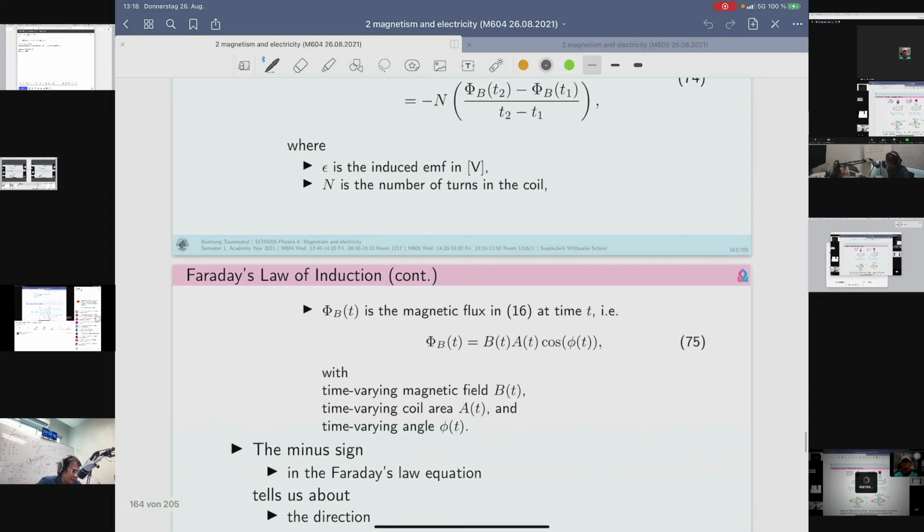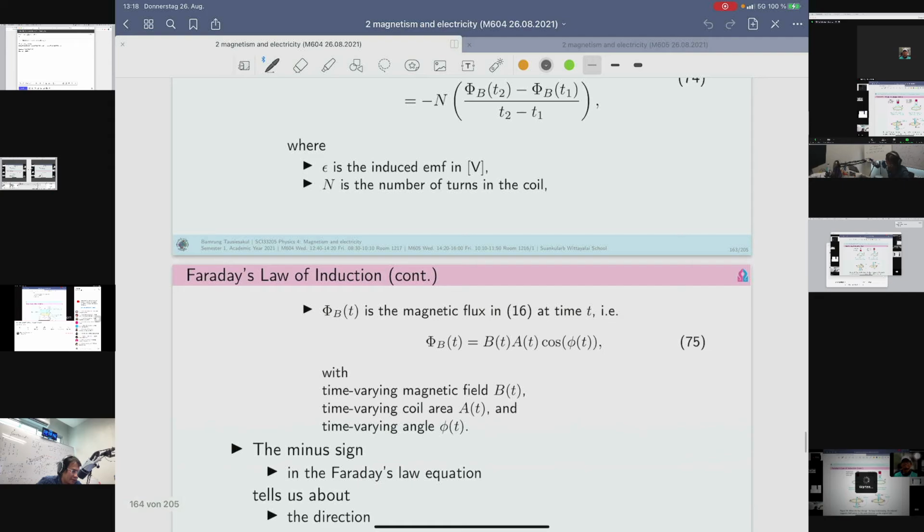We remove the negative sign, because it doesn't survive the absolute value, so we take only the positive value. So it's going to be N and the absolute value of delta phi B.